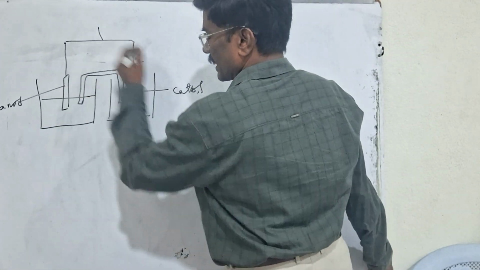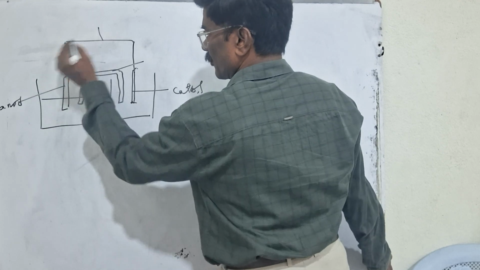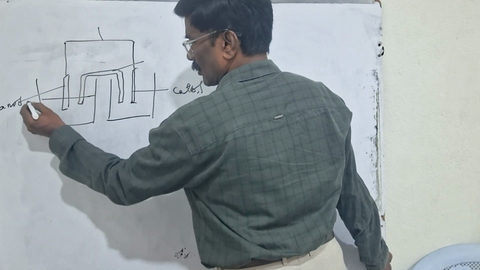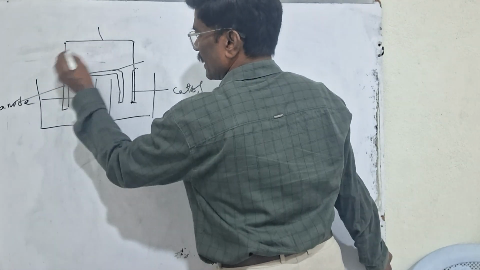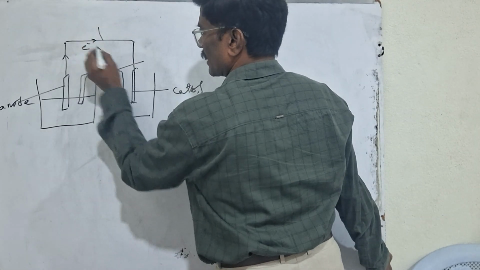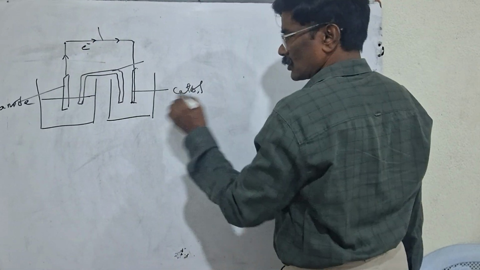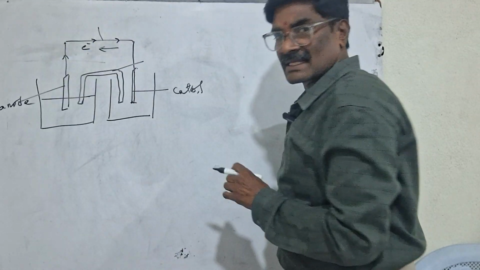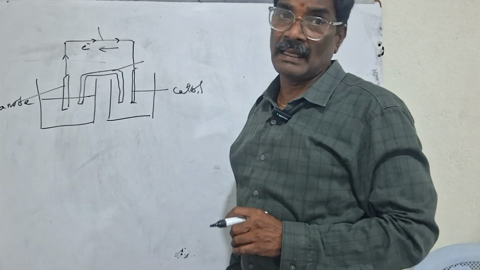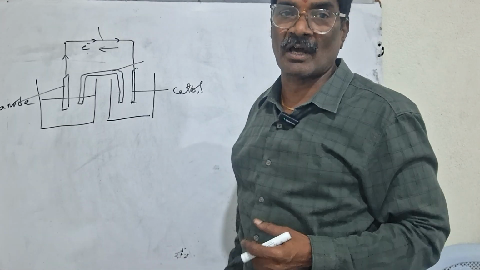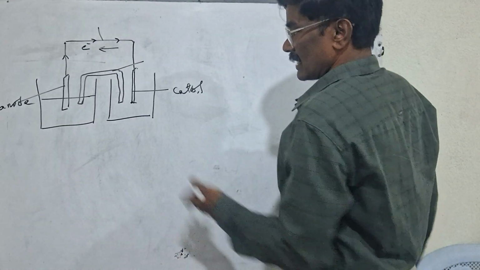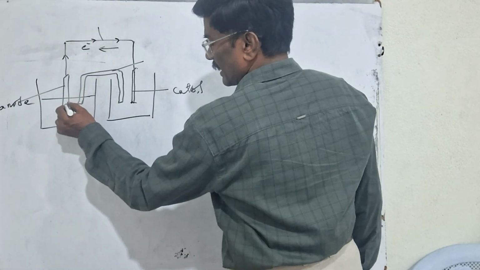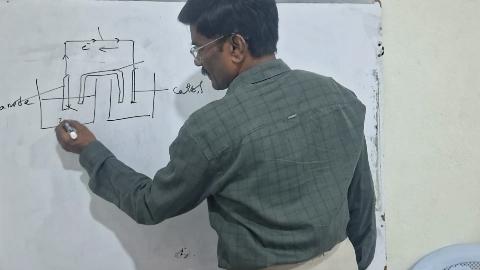When the circuit is completed, current flows. Since this is the anode, electrons flow from anode to cathode, whereas current passes from right to left. That is the direction of the electrons and current; they are always opposite in direction. At the anode, zinc is dissolving in the solution.